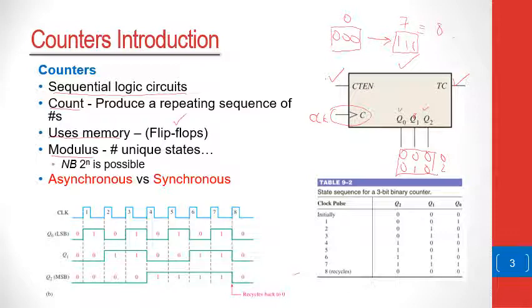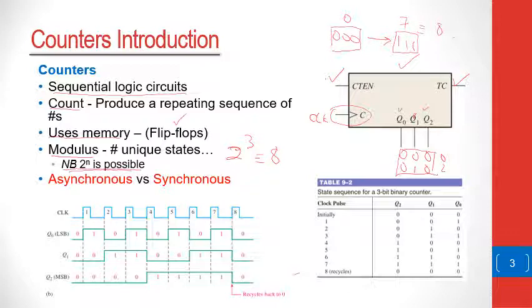So in this case, a 3-bit counter has 2 to the power 3 possible outputs, and if it counts through all of those 8 states, 8 counts, we will call it a modulus-8 counter. The modulus of the counter would be 8. So it's worth noting that the maximum number of possible states for a counter is 2 to the power n.